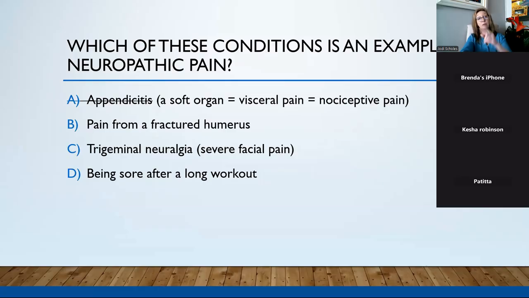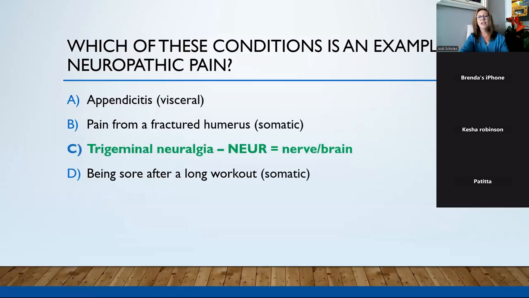That's nociceptive. Remember, nociceptive is visceral or somatic. Visceral pain is an organ pain. Somatic is skin, muscle. So all of these are examples of either visceral or somatic pain, except for trigeminal neuralgia. They don't know what's causing this. Something's going wrong. It's a severe facial pain. That's the name of it.